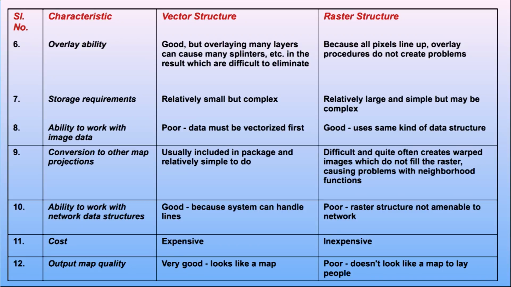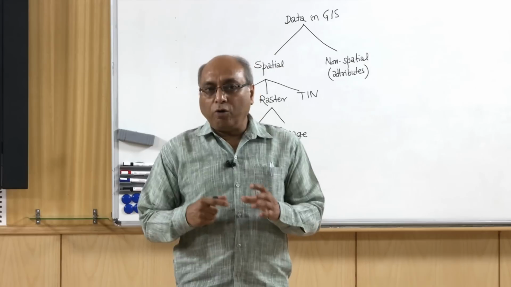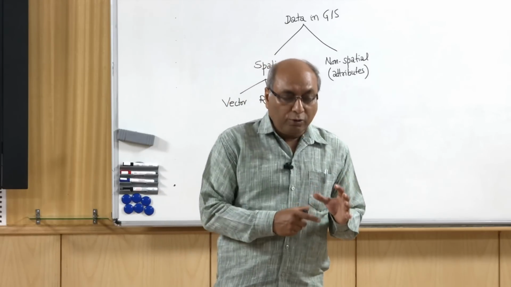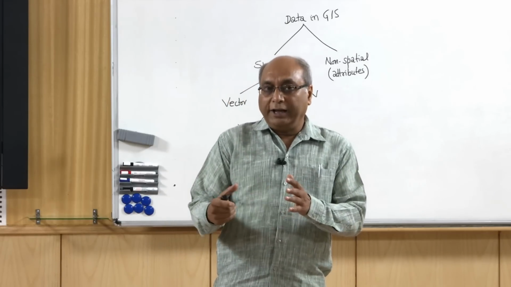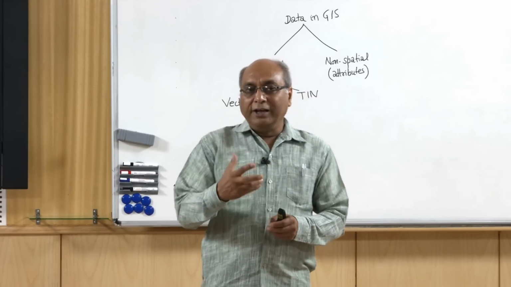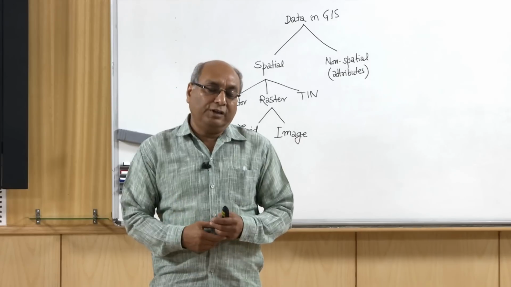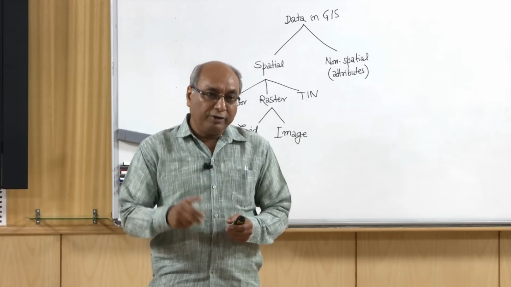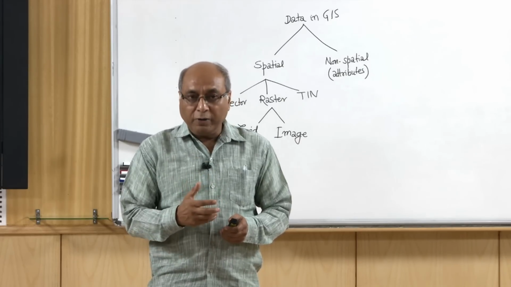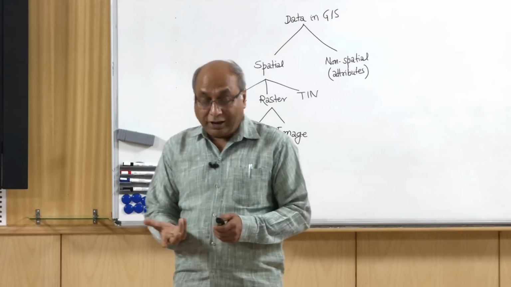Another problem with raster data: a layman or normal people who do not know much about GIS or such fields are very familiar with vector data maps. They have been seeing maps with vector data for a very long time, but people are not very good at seeing or interpreting satellite images or raster data.